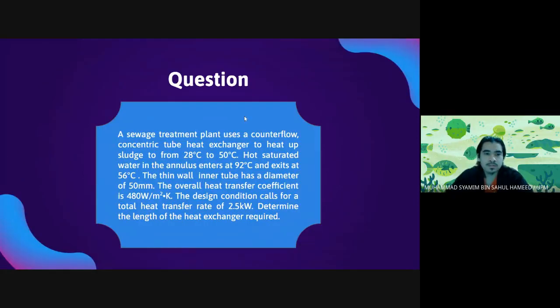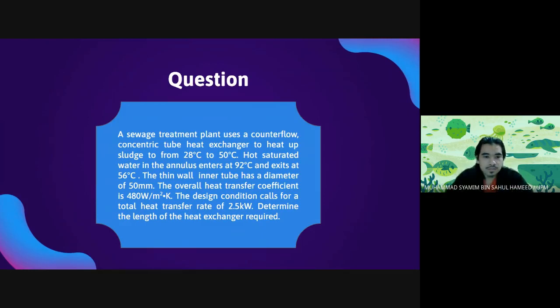All right. So this is the question where a sewage treatment plant uses a counterflow concentric tube heat exchanger to heat up sludge from 28 degrees Celsius to 50 degrees Celsius, with hot saturated water in the annulus. The annulus is, for example, like a donut-shaped object, so the area between the outer diameter and the inner diameter is the annulus.